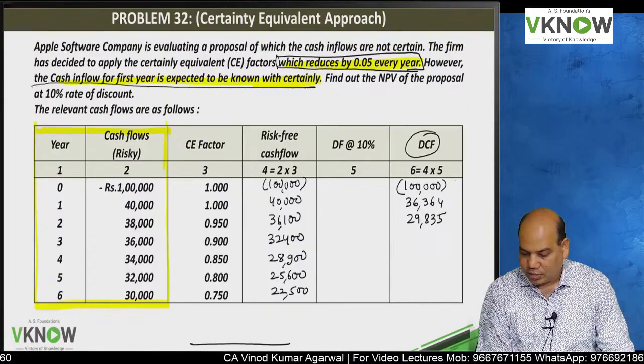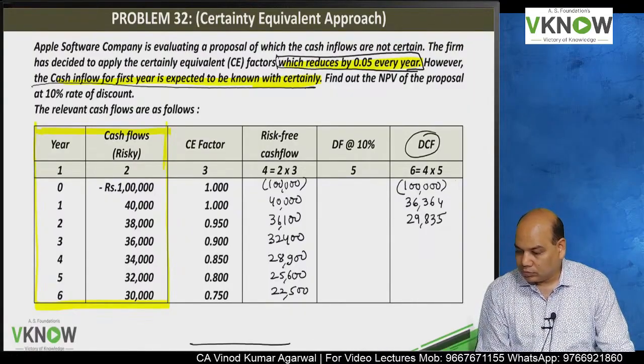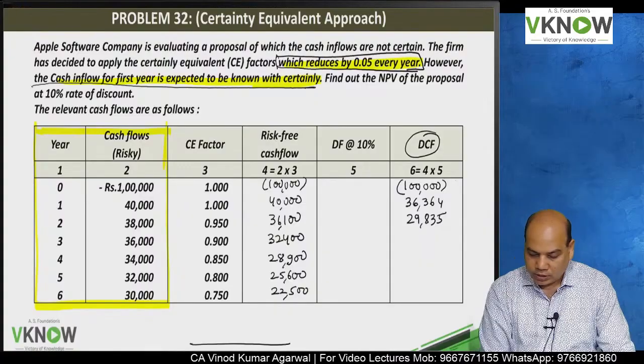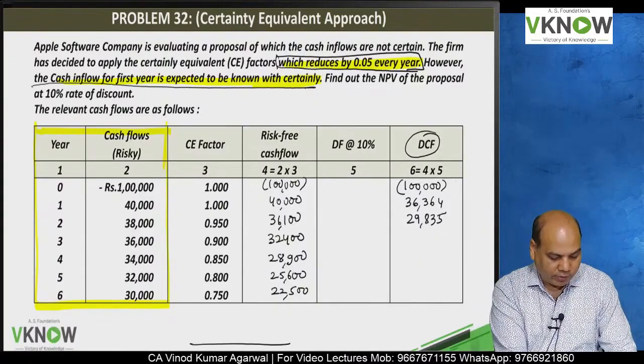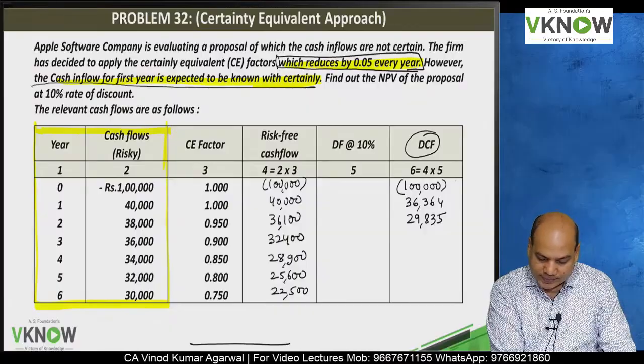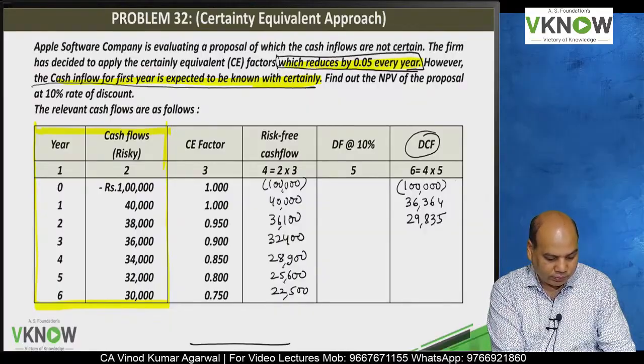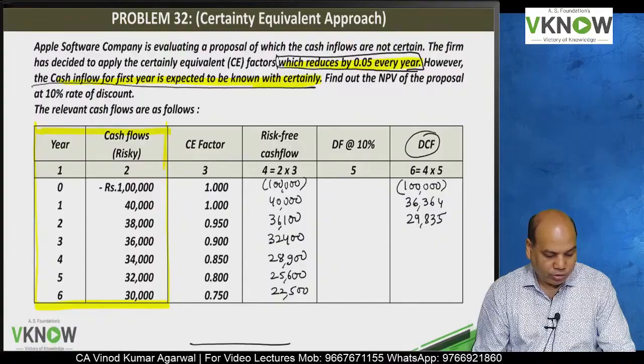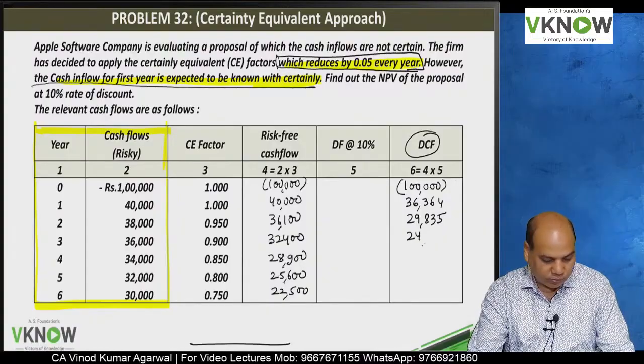29,835. Is it right? Okay, next one, 32,400 divided by 1.10, 3 times equal to memory plus 24,343.